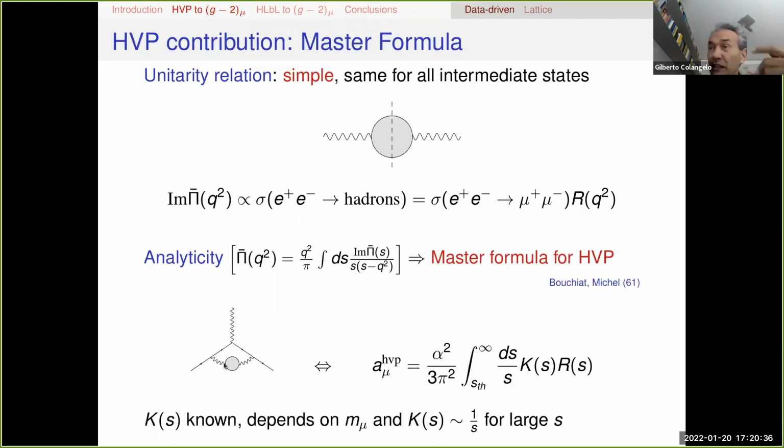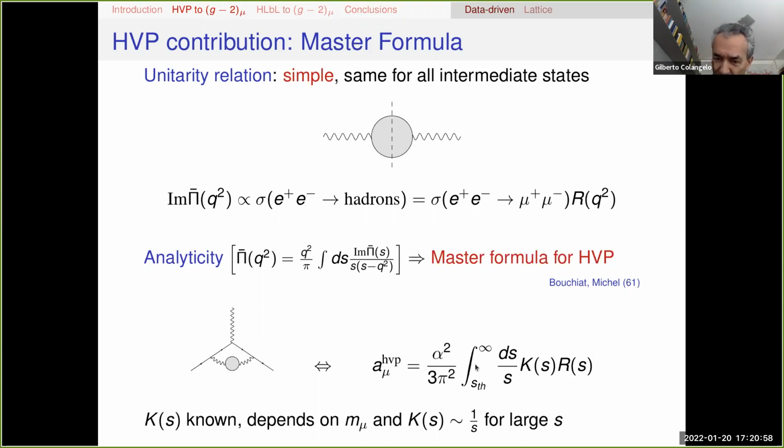This one loop you can calculate explicitly, and all that remains to be done to get the total is the integral over s. In this way you get this result with K(s), a known function, because this one-loop integral with the propagator with variable mass can be calculated analytically.